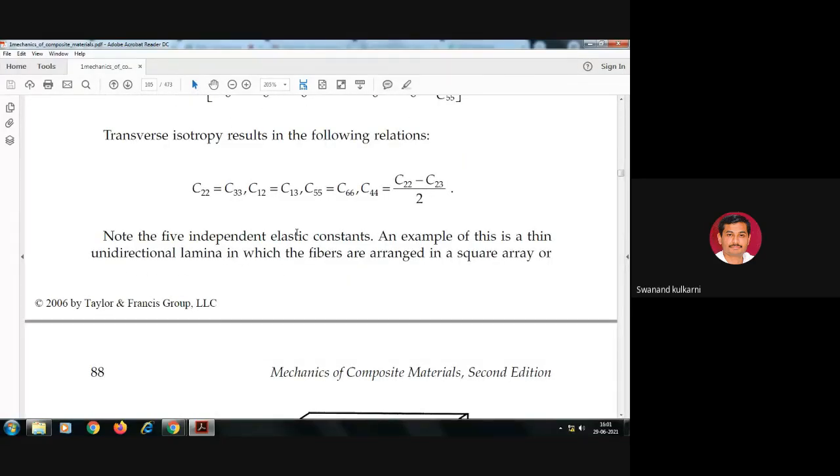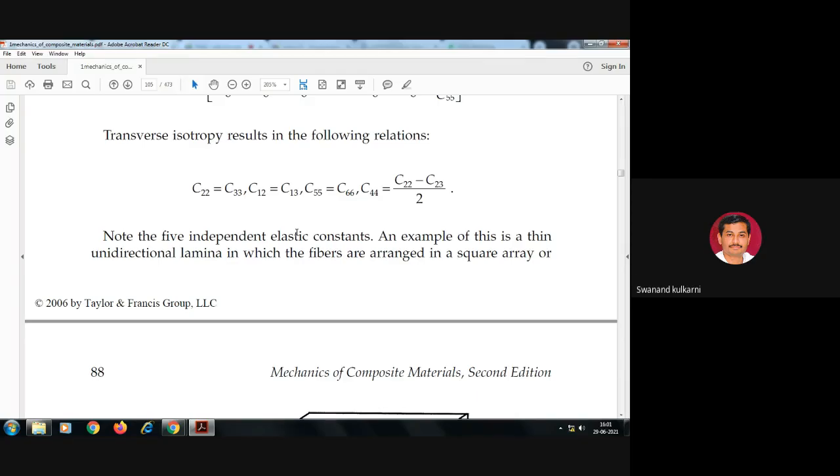In the first case, when the material is anisotropic, 21 independent elastic constants are sufficient. Then in the second case, when we considered monoclinic, 13 independent elastic constants are sufficient.